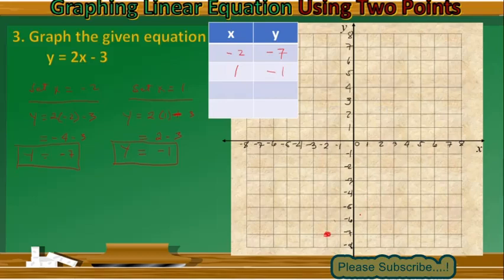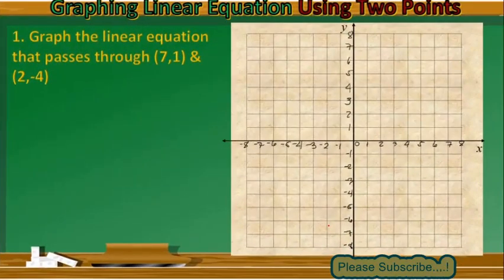This one. Then, when x is 1, negative 1 for y. So, by connecting those points, we'll have this graph. So, this point is 1 for x, negative 1 for y. This point is negative 2 for x, then negative 7 for y. Okay. That's the graph for the given y equals 2x minus 3.